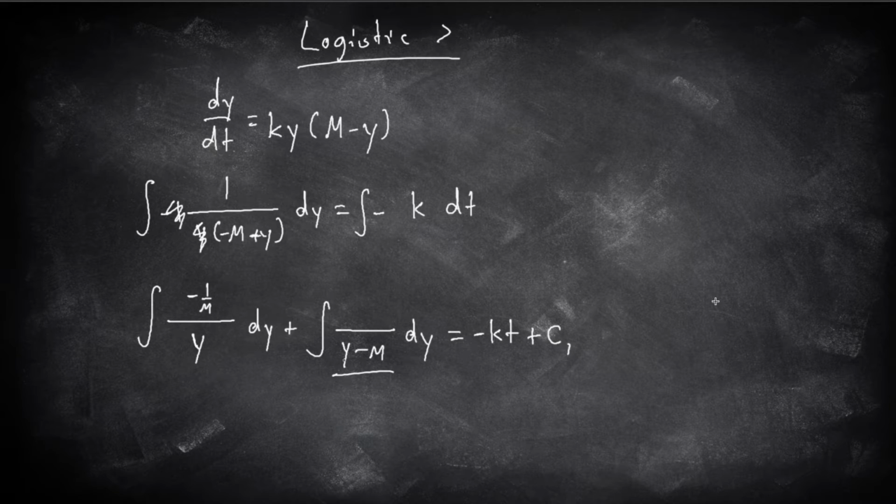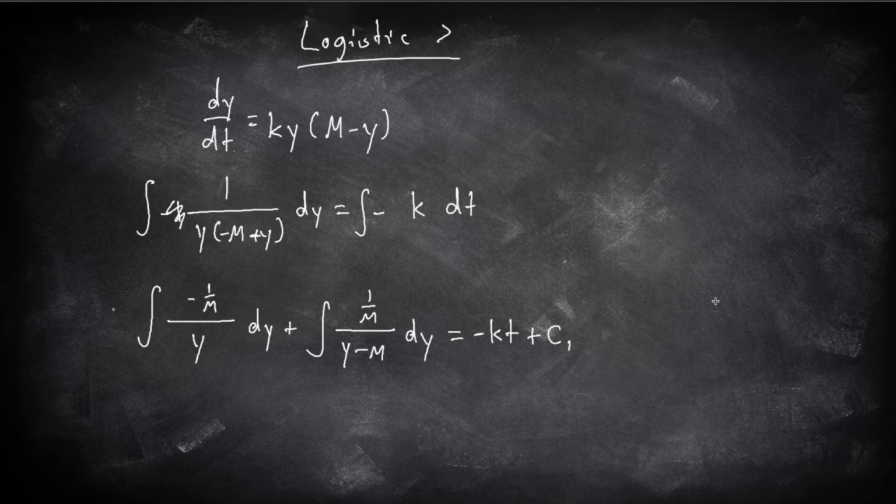Now for this case, we need to plug in y equals m to make m minus m 0. Cover that up on this equation. Plug in m, so that's just 1 over m.